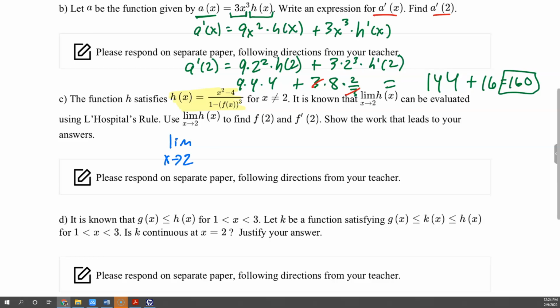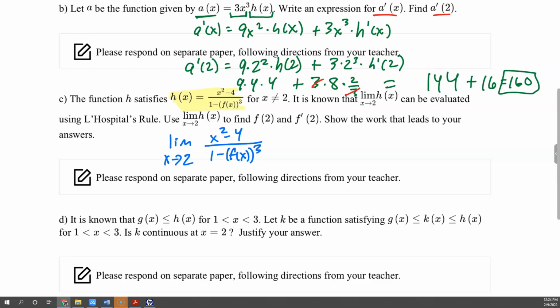Okay. There was a condition, yes. If this equals what, are we even allowed to use L'Hospital's rule?